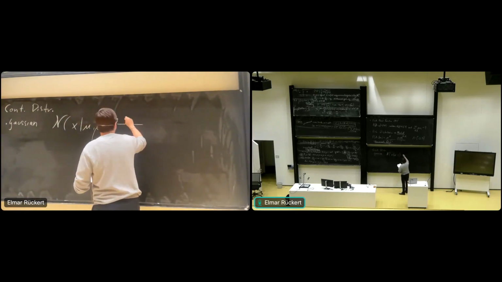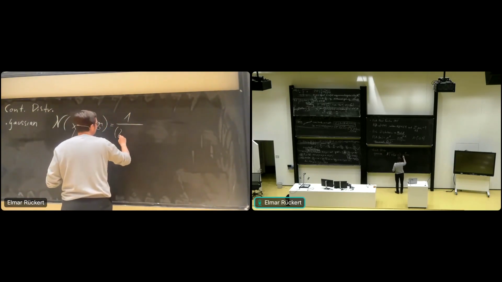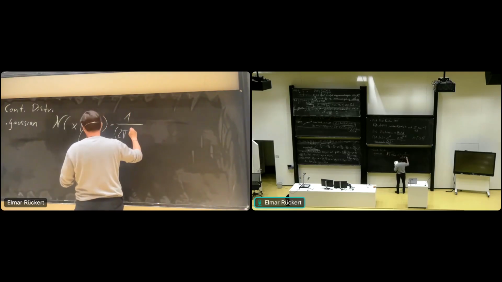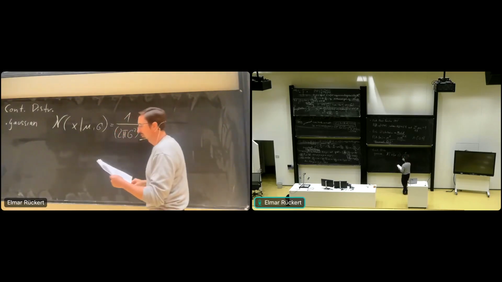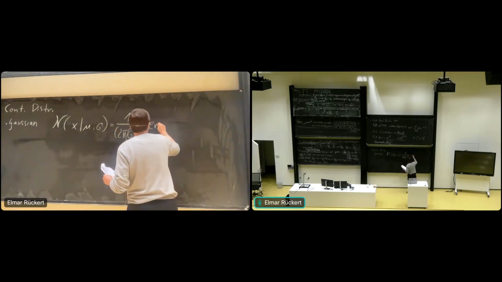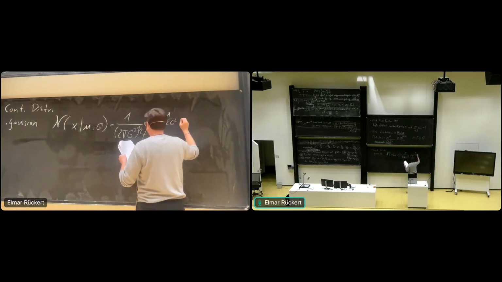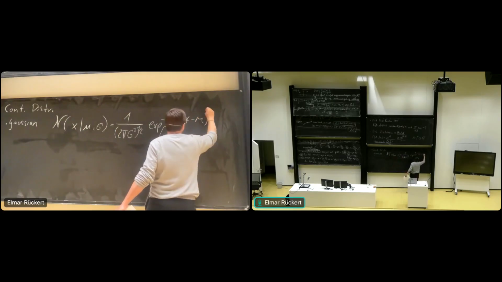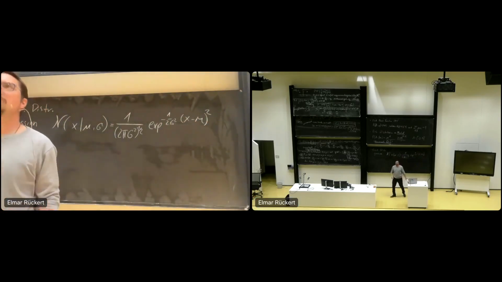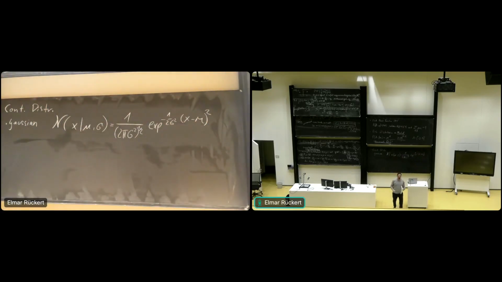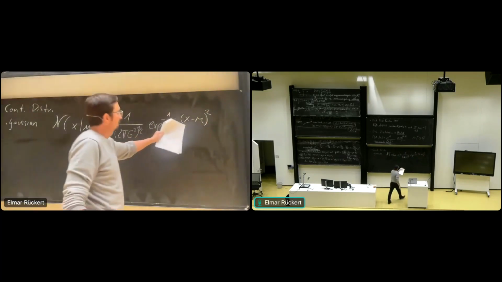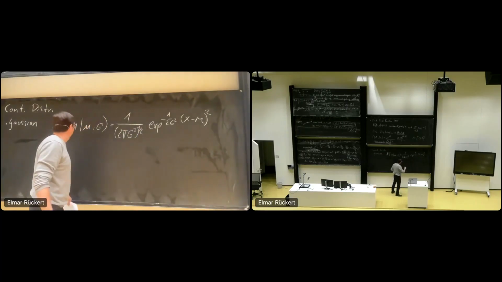And you all know the Gaussian distribution has this normalization term, 2 times pi sigma squared to the power of 1/2, or the square root of it, times the exponential of minus 1 divided by 2 sigma squared times x minus mu squared. This is the Gaussian distribution that you all know. The one-dimensional Gaussian distribution where x is a scalar, mu is a scalar. All fine, all nice.